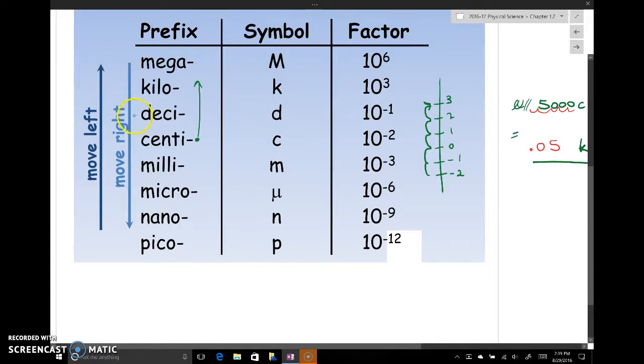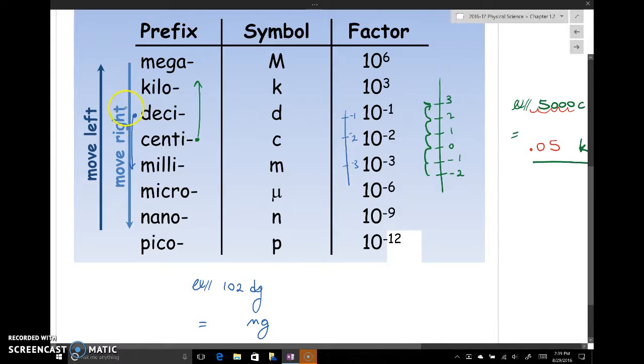Let's try another example. Let's say that I have a decigram, and I want to convert it into a milligram. So let's say I have 102 decigrams, and I want to convert it into milligrams. In this case, I'm going from deci to milli, and let's make another number line. So we're going from -1 to -2 to -3.